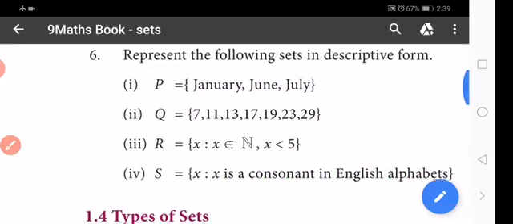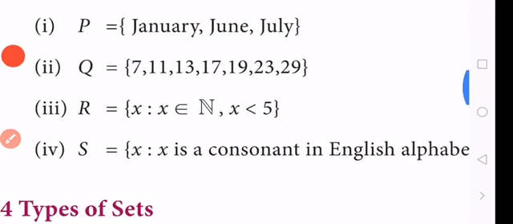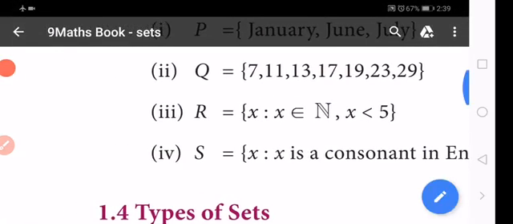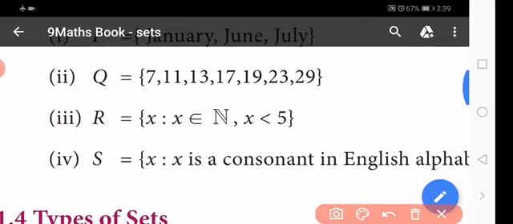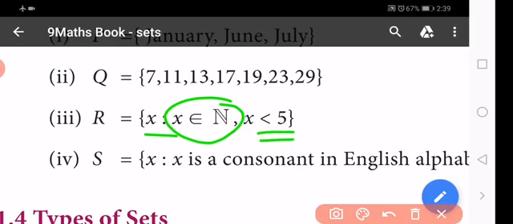Okay students, the third question in set builder form, for all x such that x is a natural number and less than 5. So easy one, the set of all natural numbers less than 5, that's all.